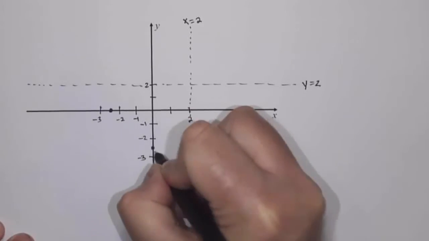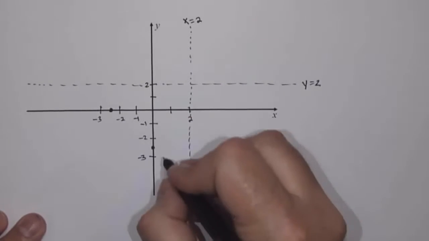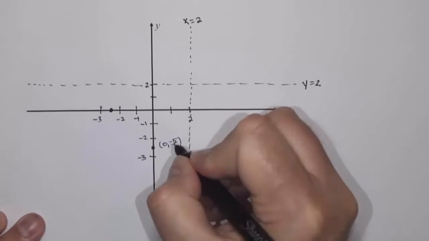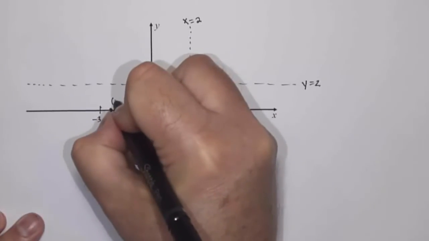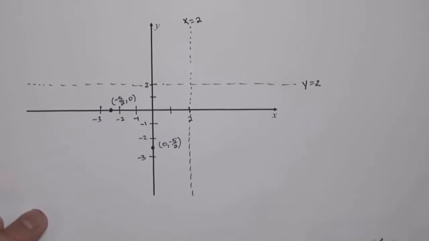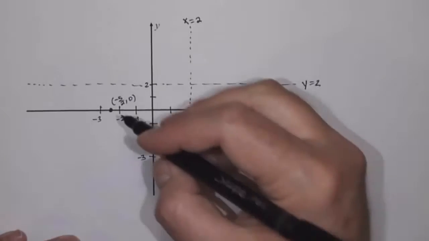And that y-intercept is 0, negative 5 halves. So this is the point 0, negative 5 halves. I want to label that. And this point up here was the point negative 5 halves, 0. You happen to have the same value on both of those, but that's not necessarily going to be the case. It just happened to be the case here.